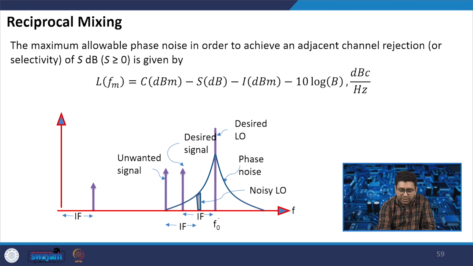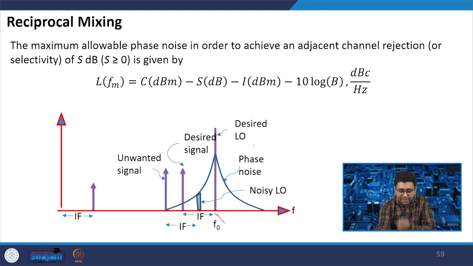Now we will discuss one of the important effects of the phase noise, that is reciprocal mixing. So what is happening in reciprocal mixing? Up to now, in the down conversion we have considered that only a single tone appears, f naught.